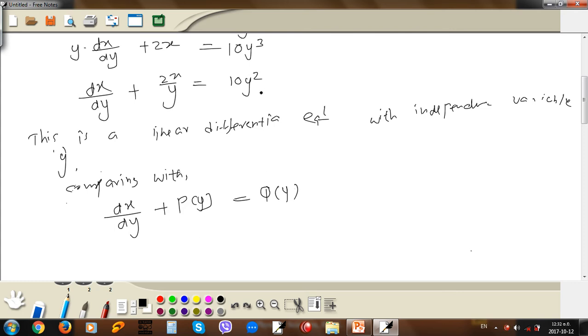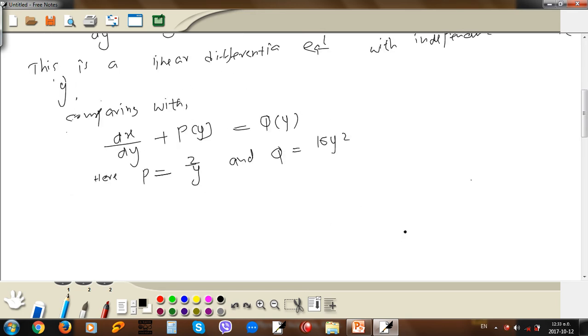So we can write p equals 2 over y, and q equals 10y to the power 2.